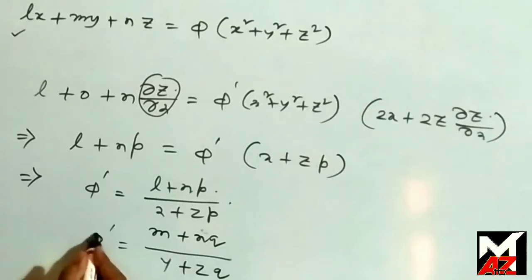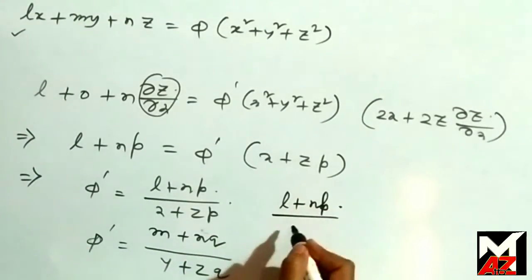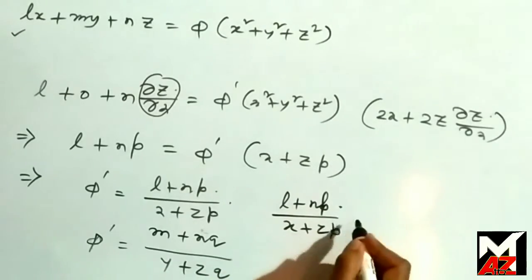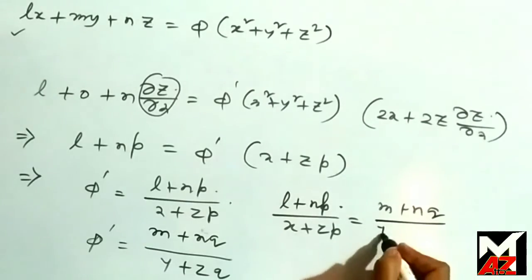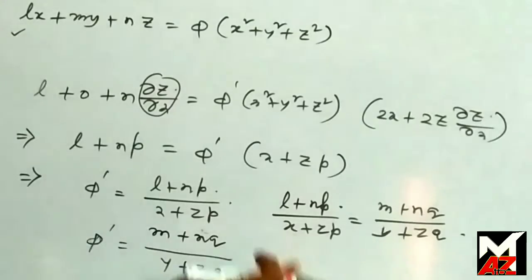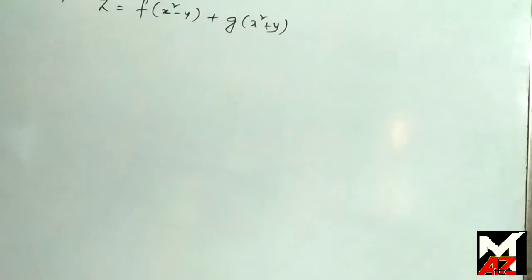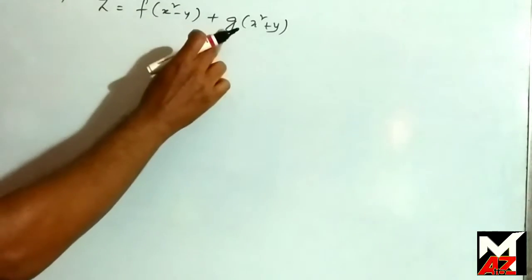Now equating both phi dash, we get L plus np by x plus zp is equal to m plus nq by y plus zq. By cross multiplication, we get the partial differential equation. We consider another example consisting of two arbitrary functions f and g.